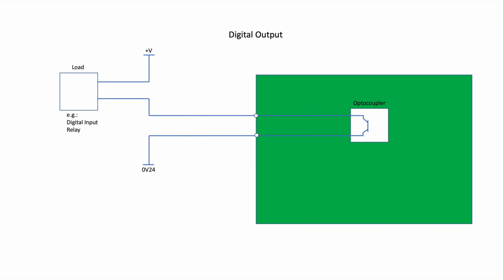Outputs can be subdivided into two categories, digital and analog. The optically isolated digital outputs are used for pulse, status or control. The transistor outputs have a maximum rating of 20 mA and 30 volt DC. Please note there is no current limiting resistor, so care is needed when selecting the load element.